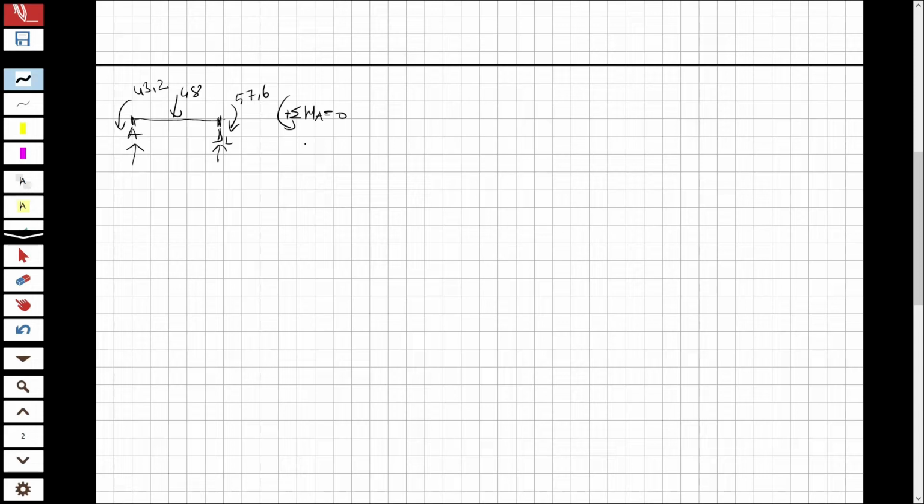I'm going to write it like this: 43.2 minus 57.6 minus 48 times 6, because this is 6 and this is 6, and of course plus VD left times 12 is equal to 0.